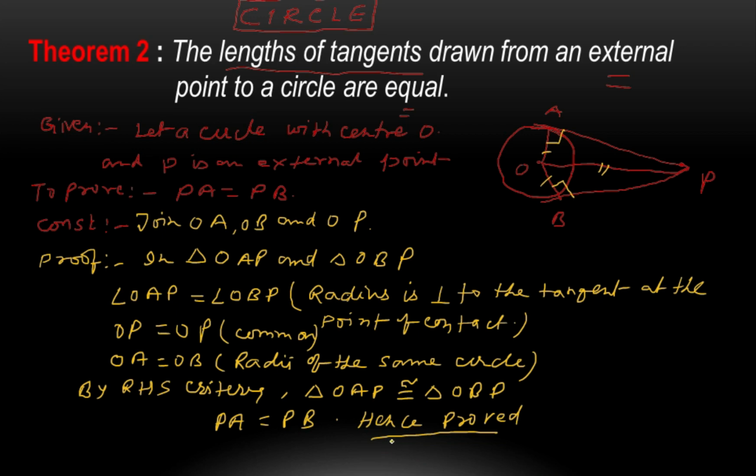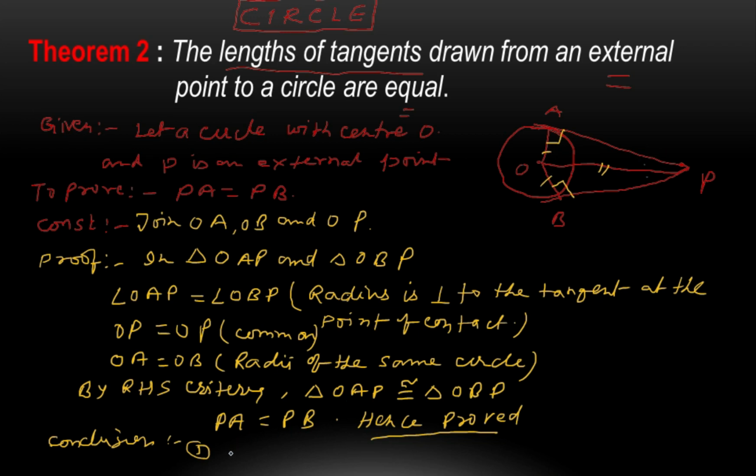Here we can also conclude two more results. Since these two triangles are congruent, all the corresponding parts are equal, so this angle will be equal to this angle and this angle will be equal to this angle.